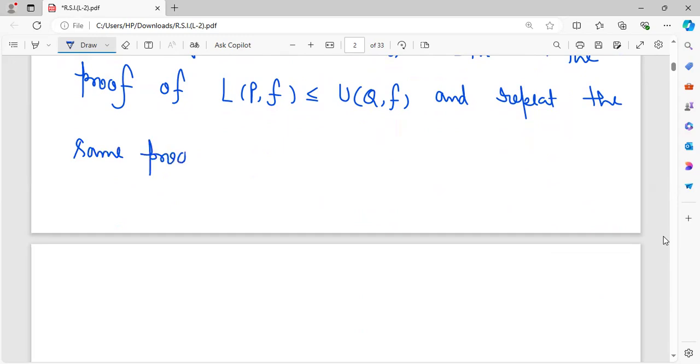Then it will be proved. Now observe one thing.